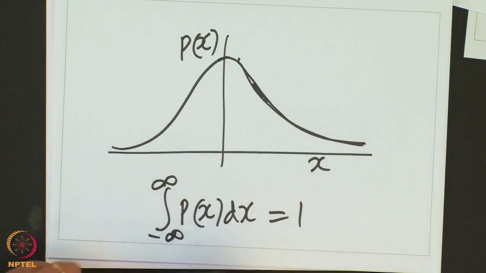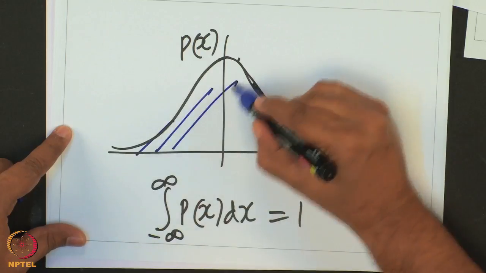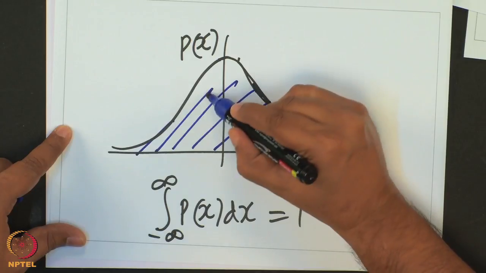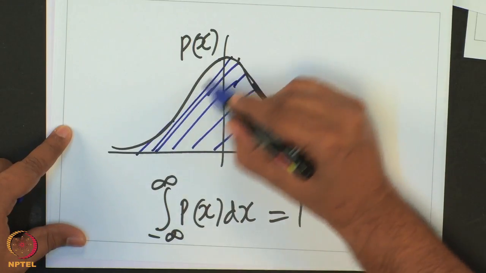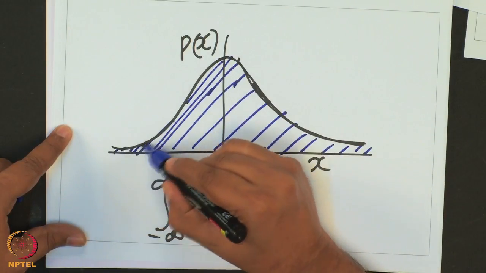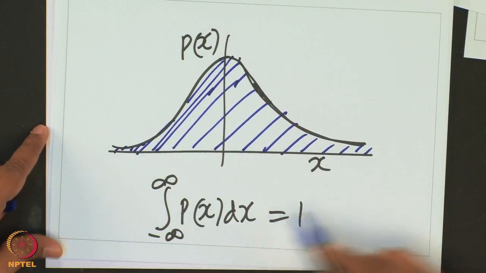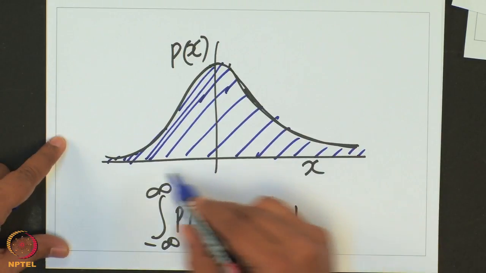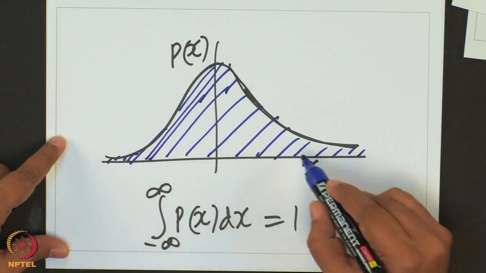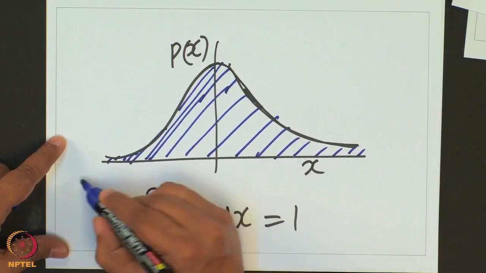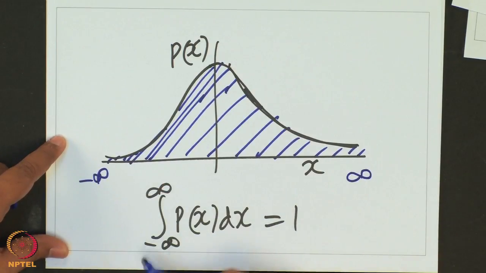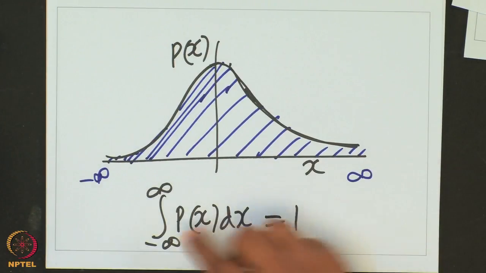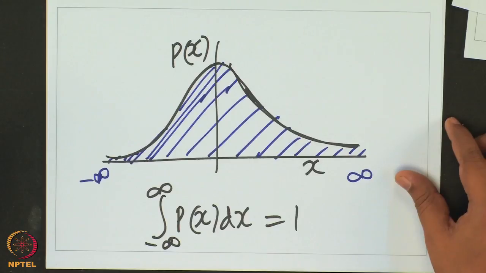If I mark this whole region from minus infinity to infinity, this area is 1. That is what it means. So, physically it means the probability to get any x value between minus infinity and infinity is 1. You would surely find some of these x values between minus infinity and infinity.